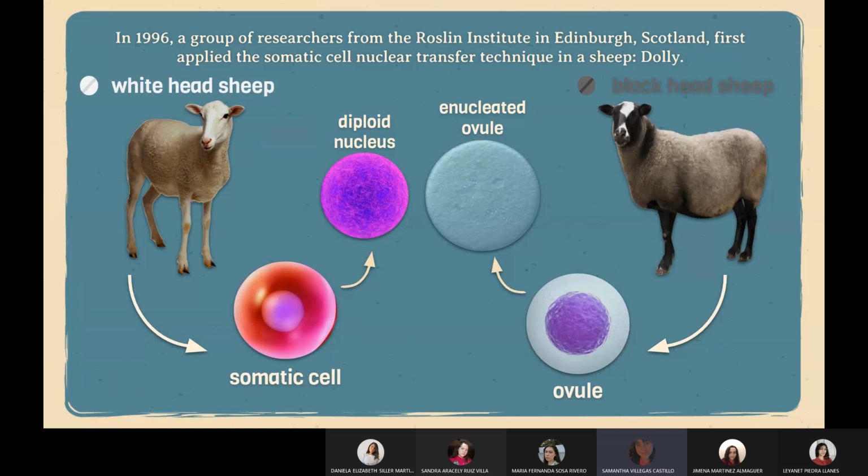From the white-headed sheep, they took a somatic cell from the mammary gland and removed its diploid nucleus. On the other hand, from the black-headed one, they took an ovule and removed its haploid nucleus, resulting in an ovule without nucleus. Subsequently, they inserted the diploid nucleus into the enucleated ovule to form a zygote, to which they then applied an electric shock. Can you please go to the next slide?